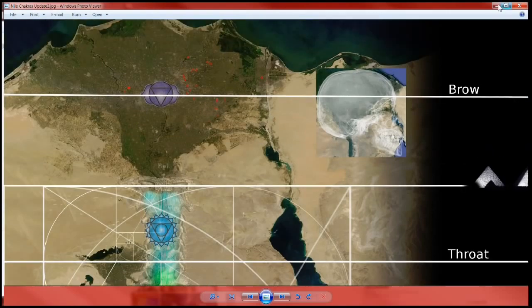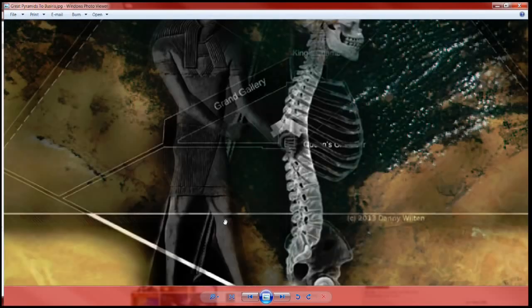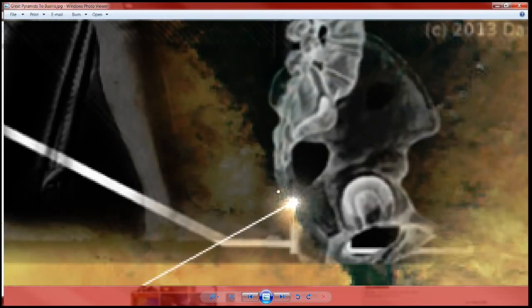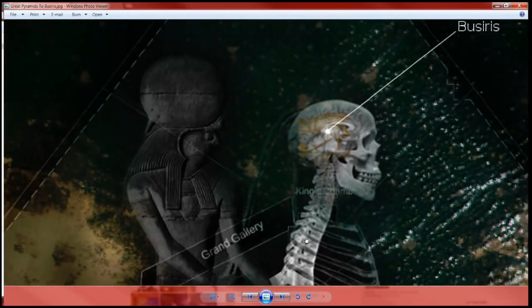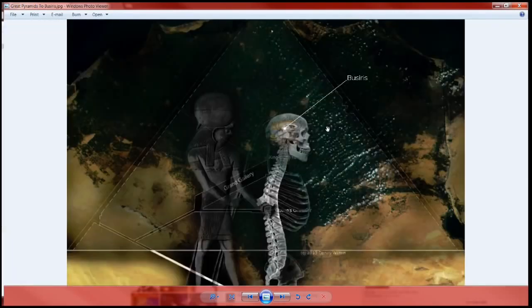Now let's take a look at this part. So as I suspected, by measuring from the very tip of the sacrum at the Great Pyramids, doing a smaller scale of man, and going up, it ends right in the pineal gland, right where Osiris is, as a smaller scale of man using the pyramid.